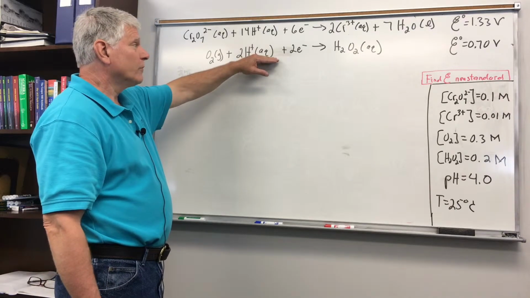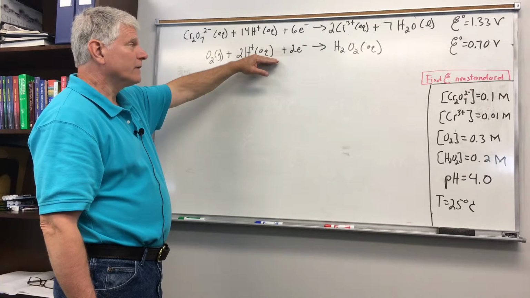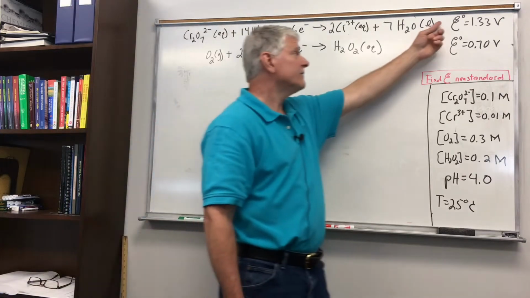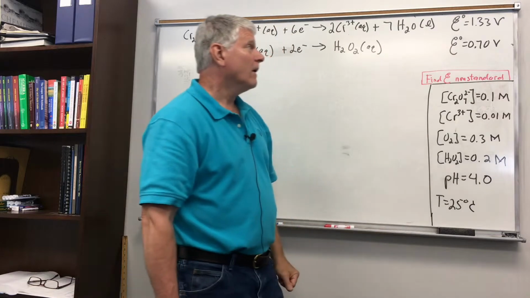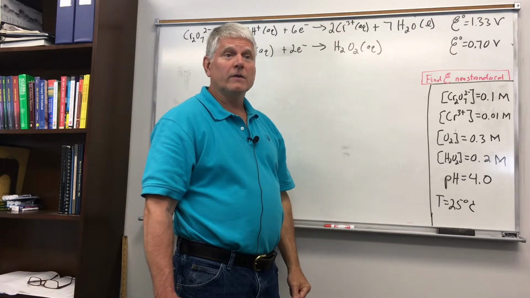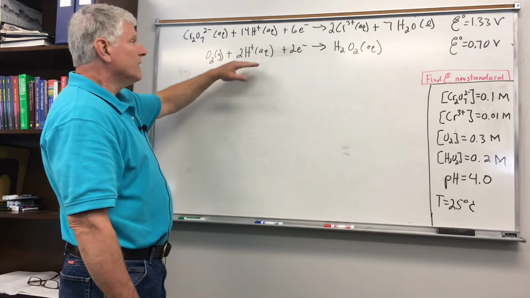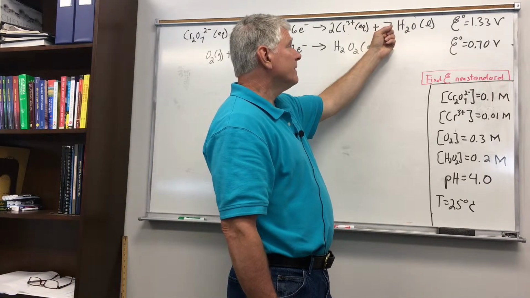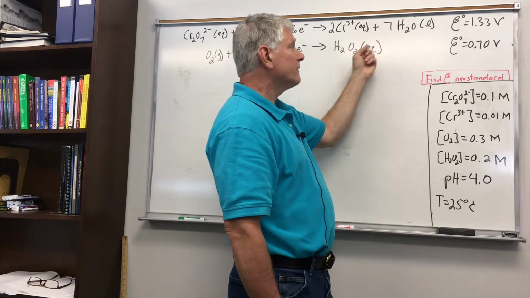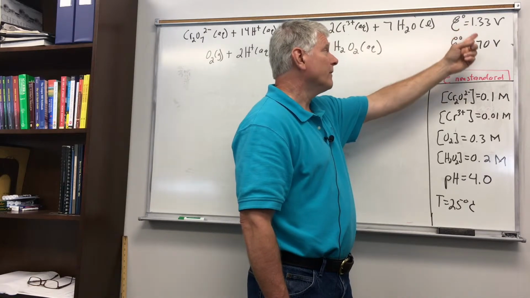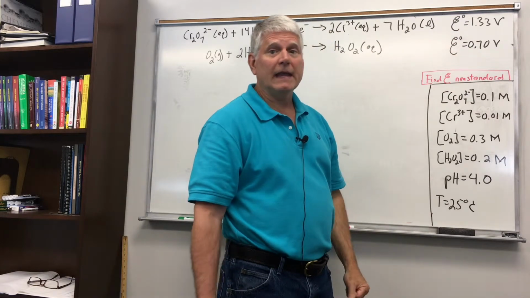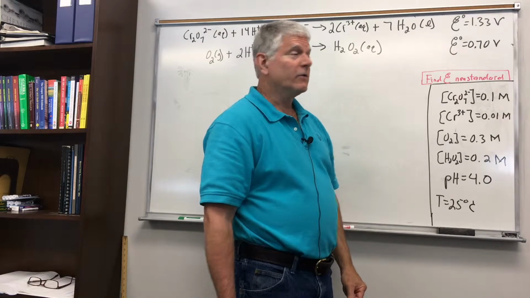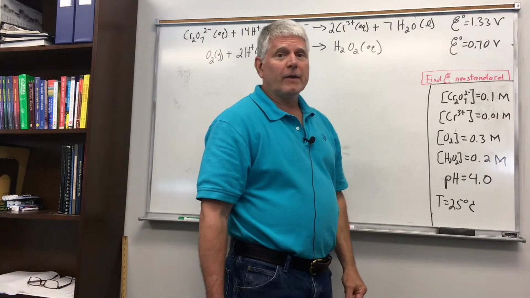When I reverse one of these reactions into an oxidation, I have to change the sign on the standard half cell potential. If I changed the top reaction to an oxidation and left the bottom one as a reduction, I would have negative 1.33 plus 0.7. That's a negative cell potential, so that would be non-spontaneous.